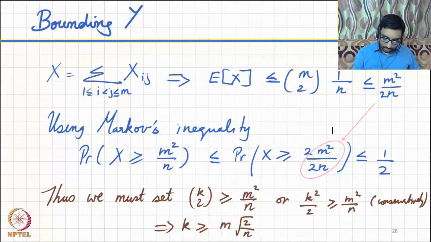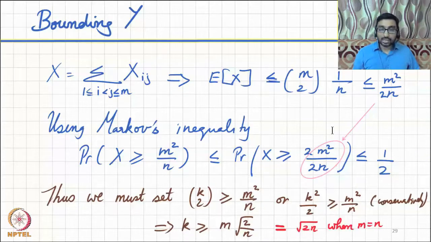So of course, we approximate k choose 2 with k squared by 2, and that leads us to the bound that k must be at least m times square root of 2 over n. And this is for an arbitrary choice of m. But if we restrict m to be exactly equal to n, we get k to be at least square root of 2 times n.